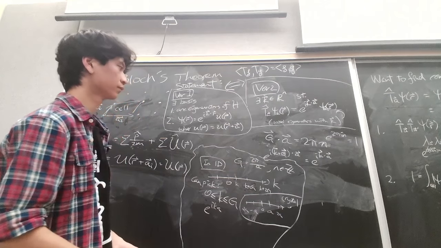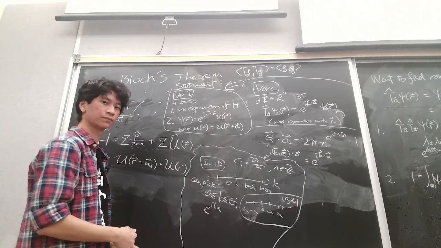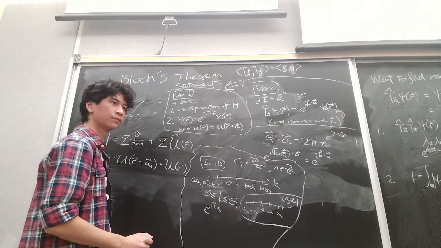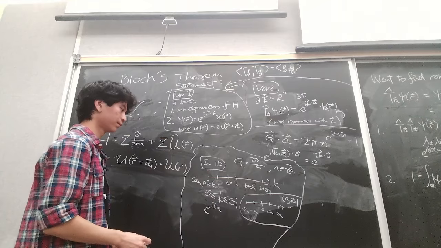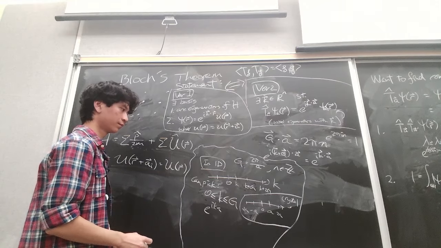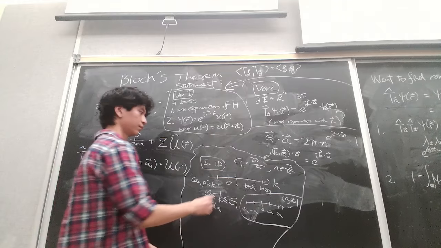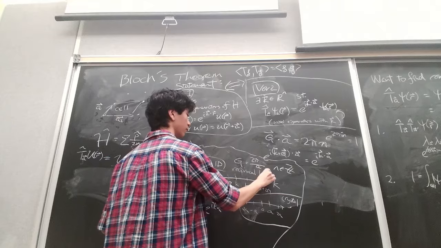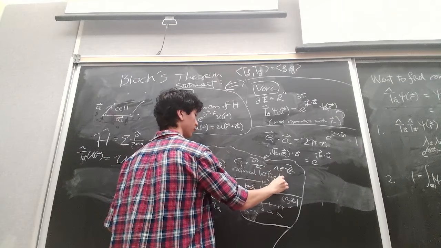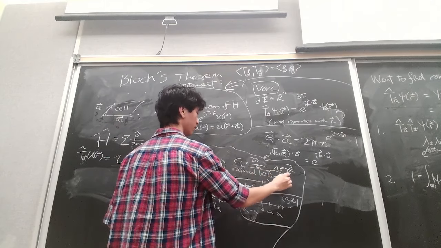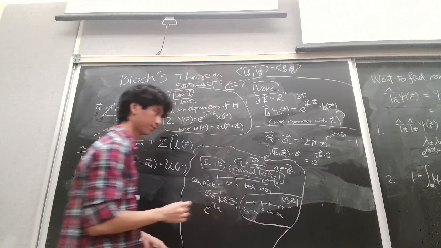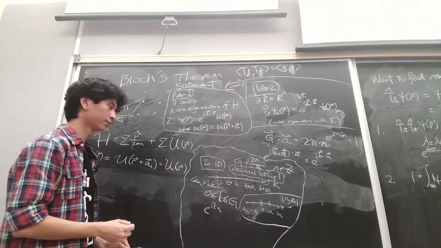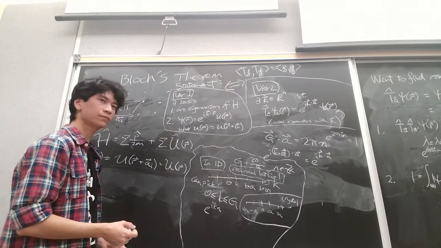So we said, okay, instead of labeling the eigenvectors of T_a using the eigenvalues, let's label them using k, where the eigenvector labeled by k is the eigenvector of T_a with eigenvalue e to the i k dot a. Do those words make sense?